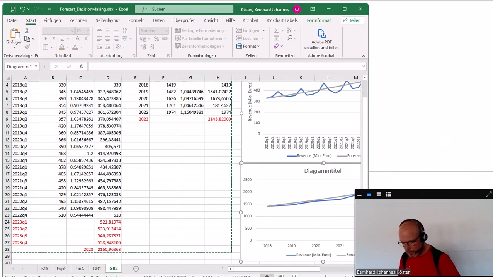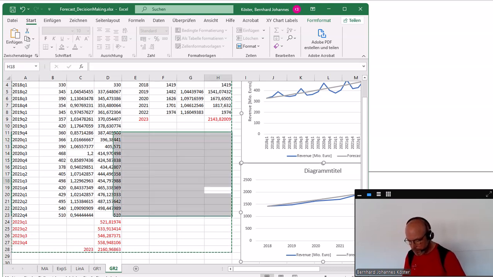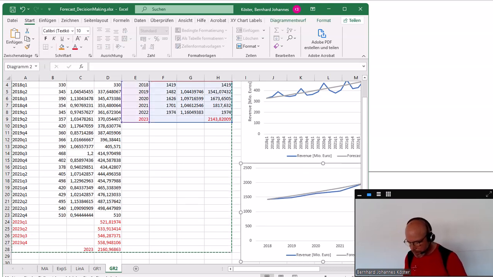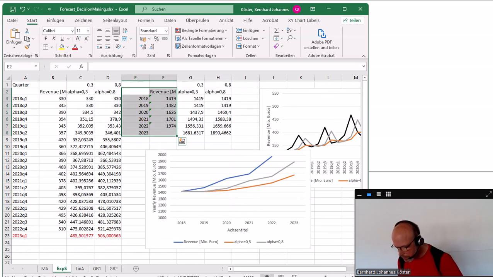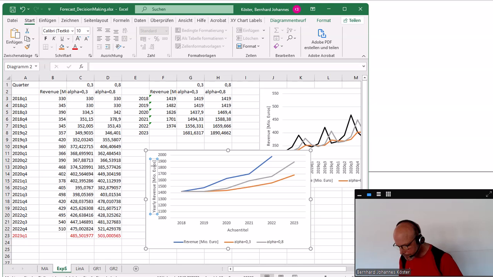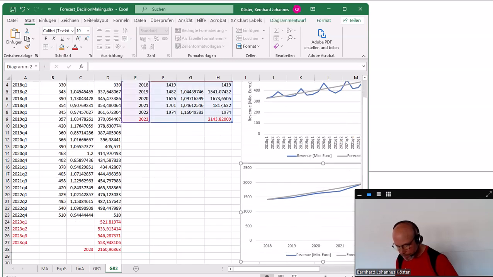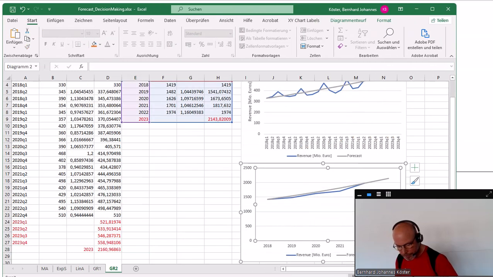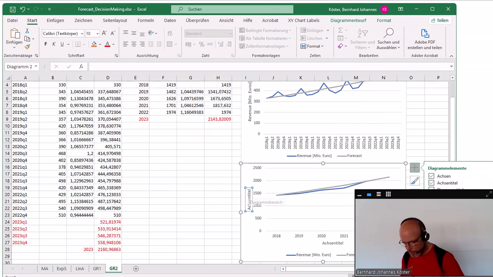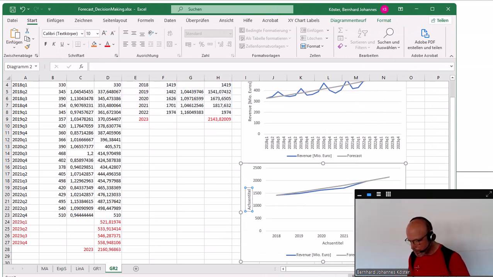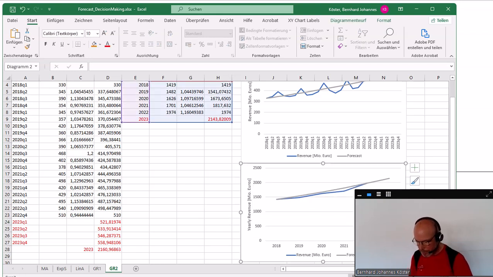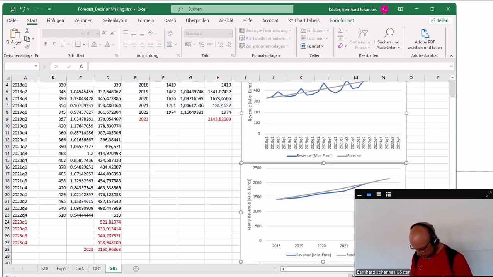And this is gone. And tada. And now we are done.